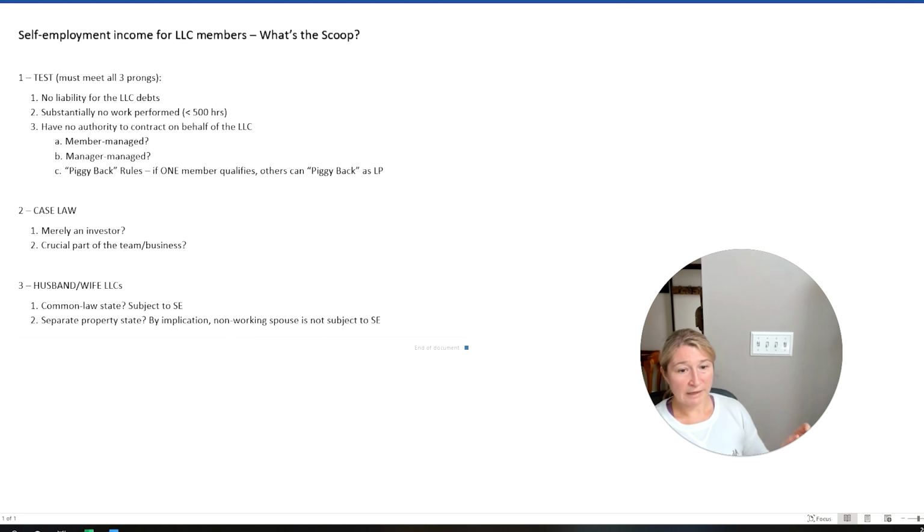So the IRS has ruled that in the case of a community property state, specifically there, if you have a non-working spouse, because it's a community property state, the spouse that does not perform any work for the entity will still be considered subject to self-employment tax.